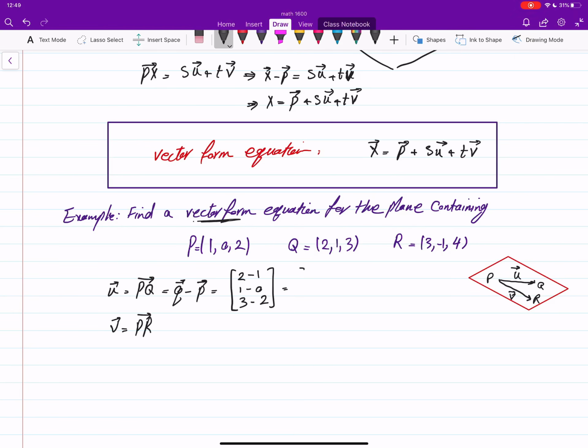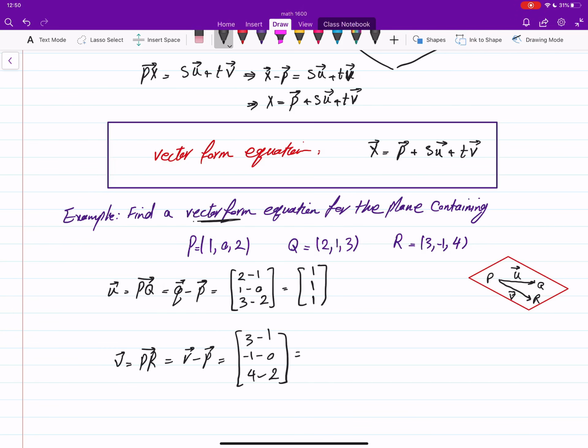We get the vector 1, 1, 1. And the other one is PR, which is R minus P. This is R, 3, -1, 4 minus 1, 0, 2. So 2, -1, 2 is the other vector.